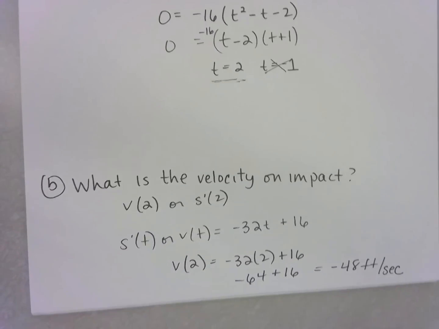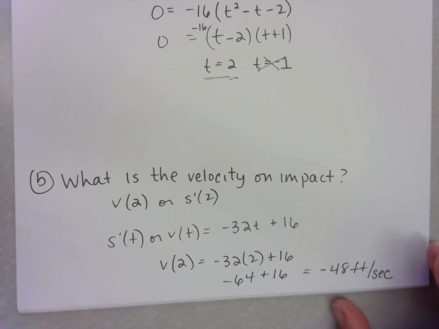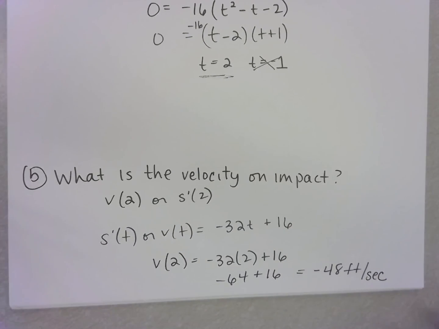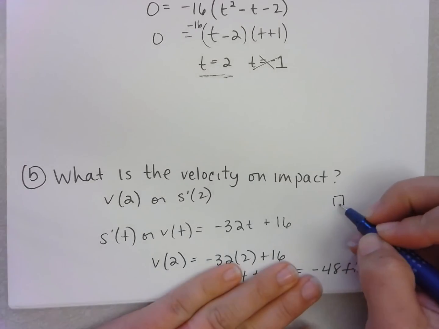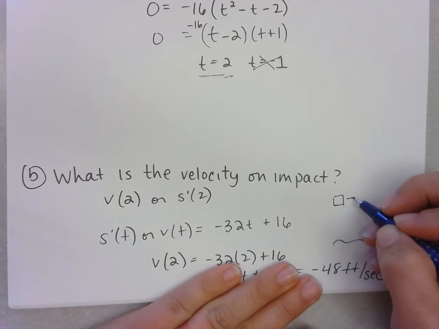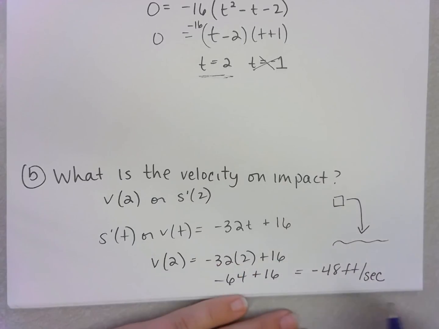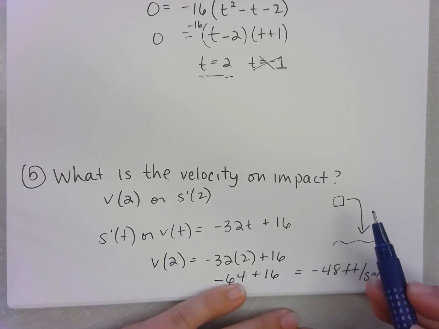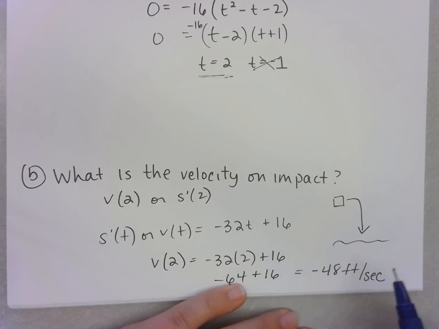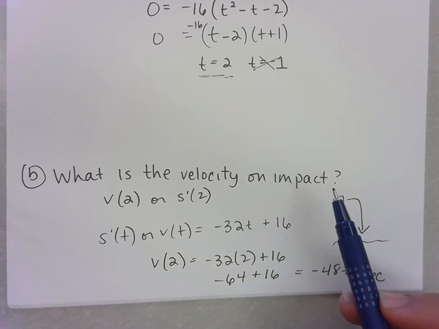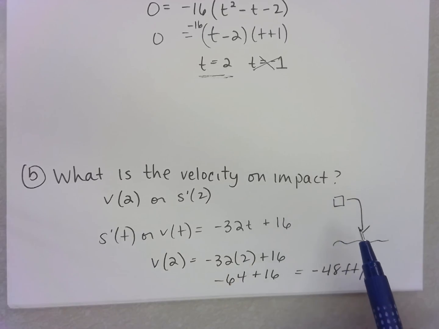Negative 48 feet per second is the speed he's traveling, and the negative piece means that, since the platform is up here and the water is down here, he is going downward. That's the direction he is traveling. We can often talk about the speed being the absolute value of the velocity, so he's traveling at a rate of 48 feet per second. The negative sign is an indication that he's traveling downward, which makes sense since there's gravity.